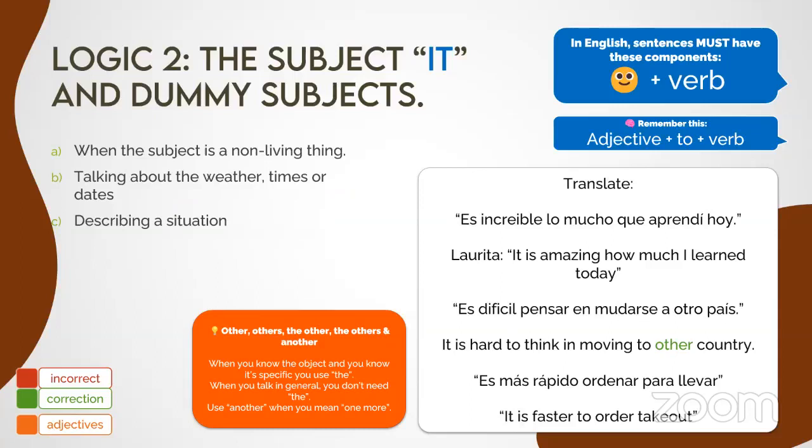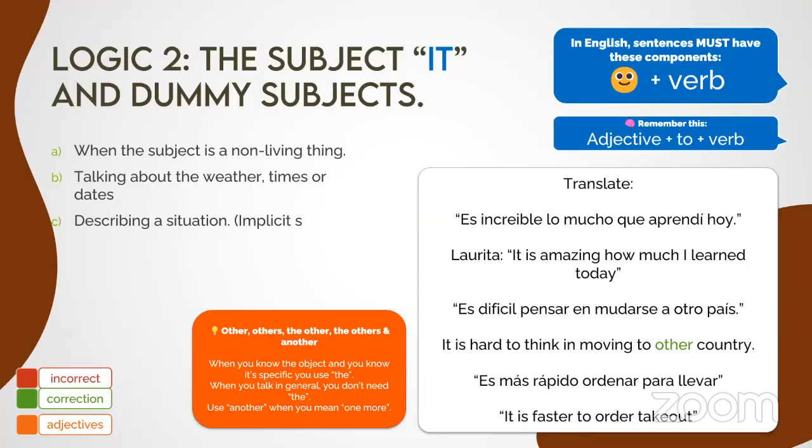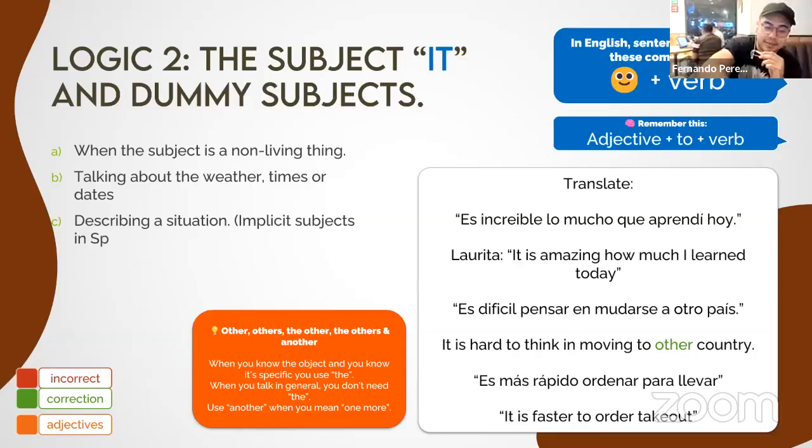Friendly, for example, is again a non-living thing. One more time. I'm talking about implicit subjects in Spanish.